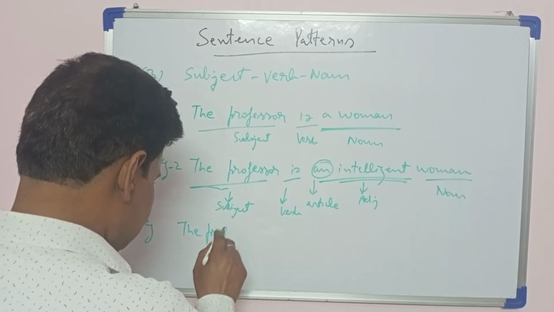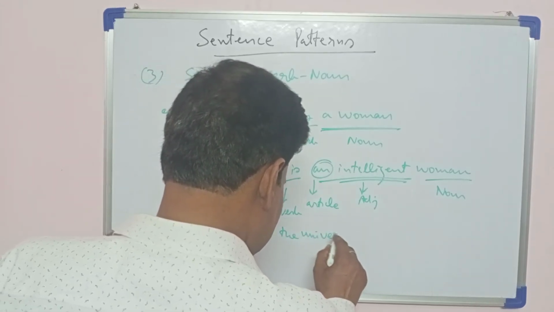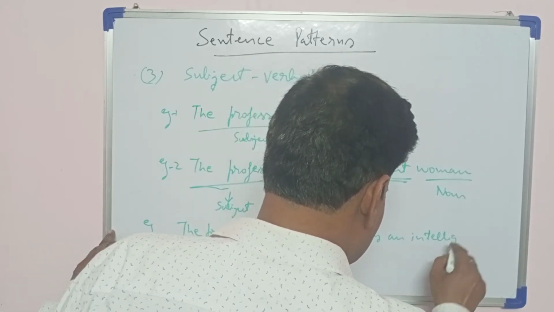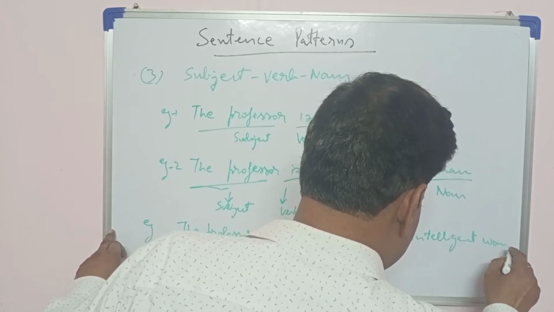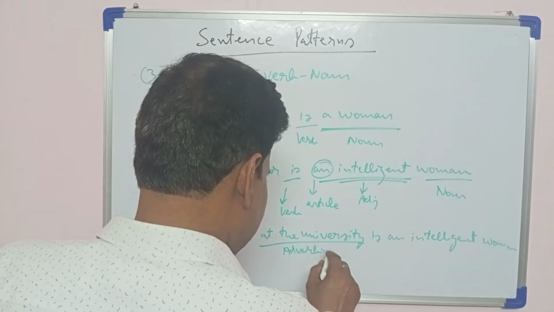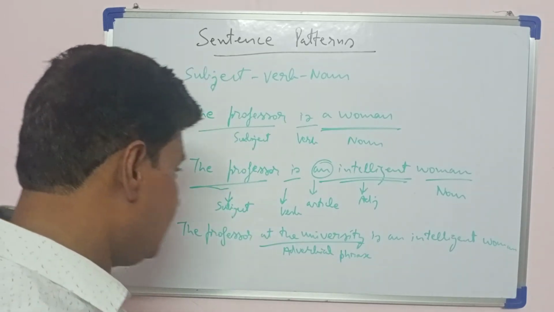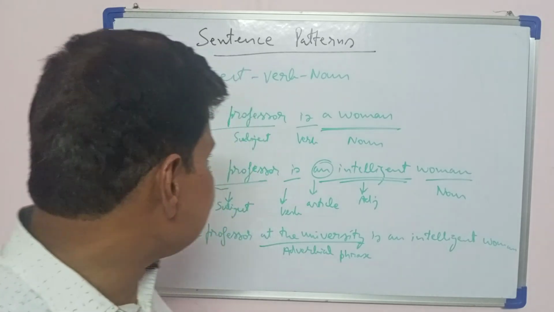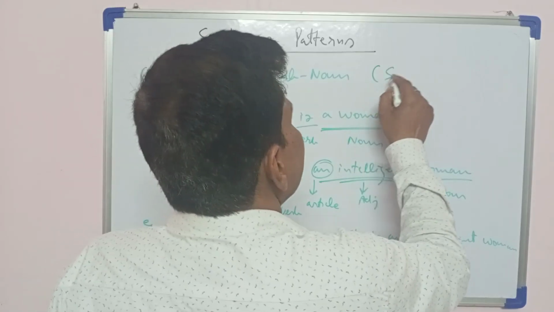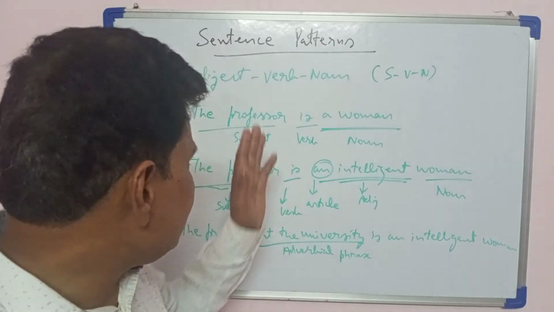The professor at the university is an intelligent woman. So at the university, this is the adverbial phrase. So in this way you can expand the sentence very easily. You can see in these examples how we are using subject verb noun pattern to write the sentences. So similarly you can also do.